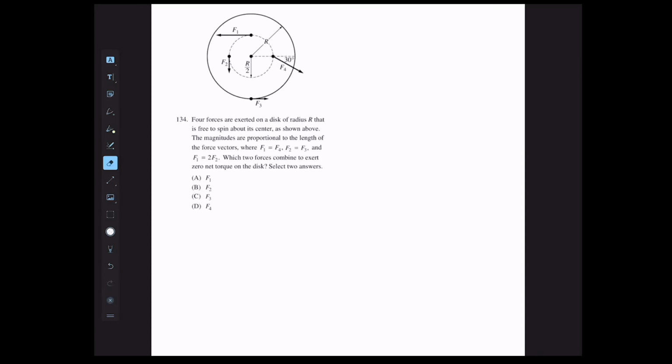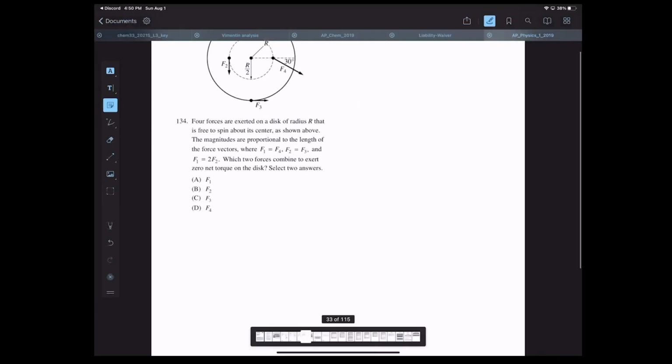Okay, so for this final problem, we can see that F1 is equal to F4, and F1 is equal to 2 F2.